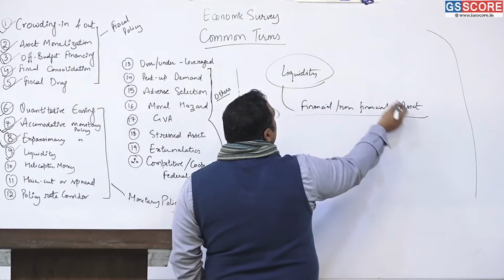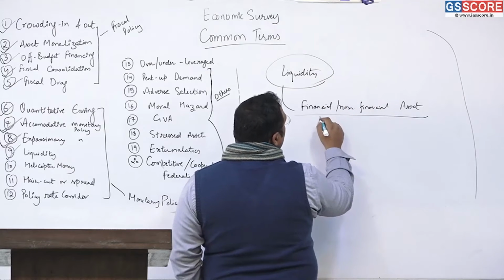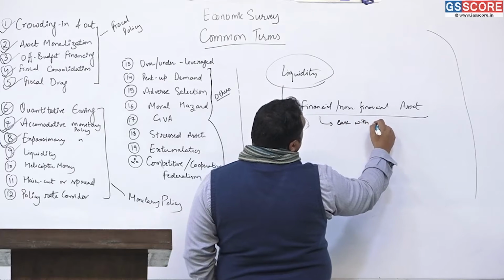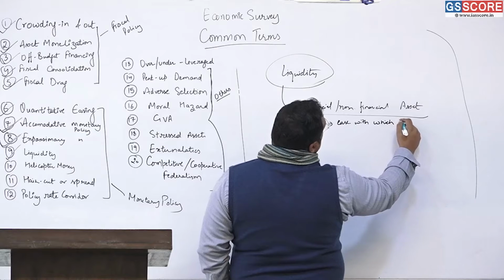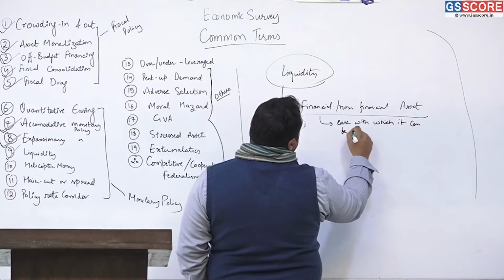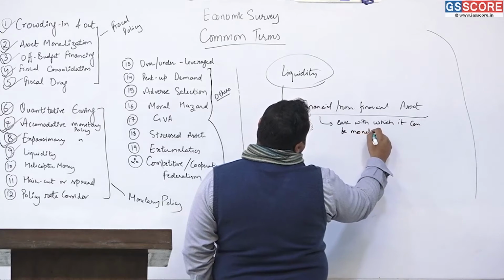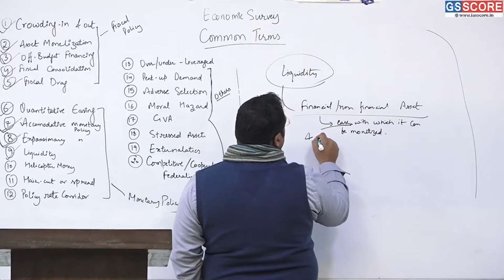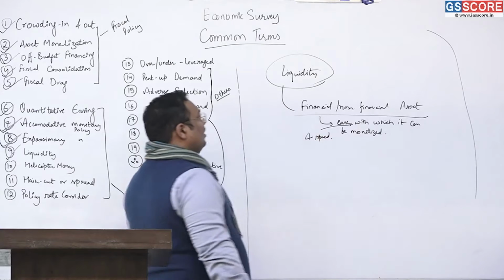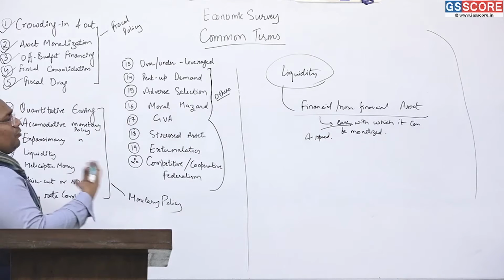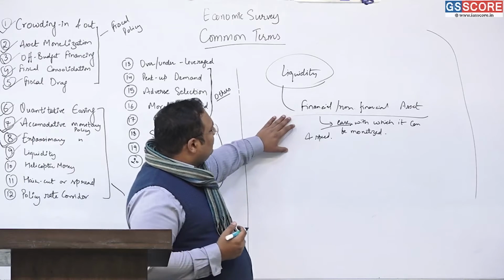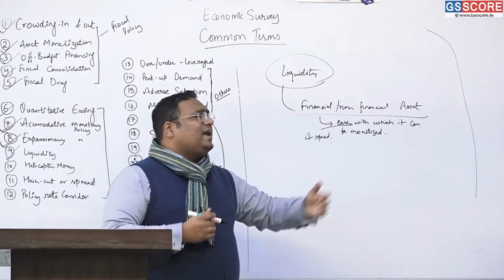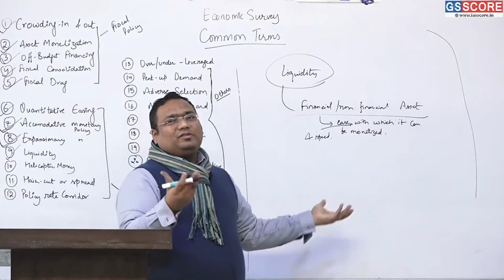So liquidity of an asset is simply the ease with which it can be monetized. Ease and speed. Liquidity is the ease or the speed with which any asset can be monetized. Now, what is the meaning of all of this?